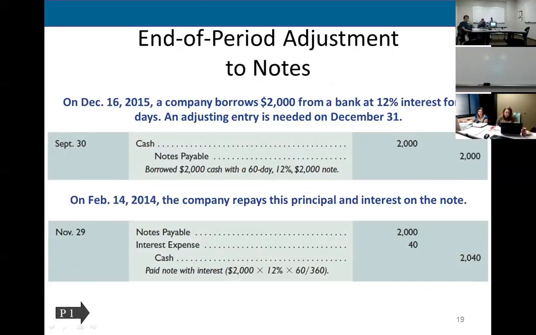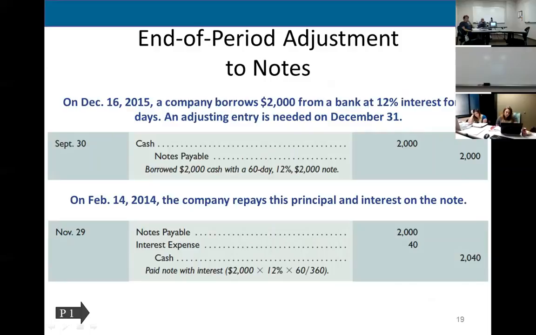And then on February 14th, the company repays the principal and interest on the note. Debiting notes payable $2,000, interest expense $40. We pay for this with cash. Looks like an error here in the reporting date.